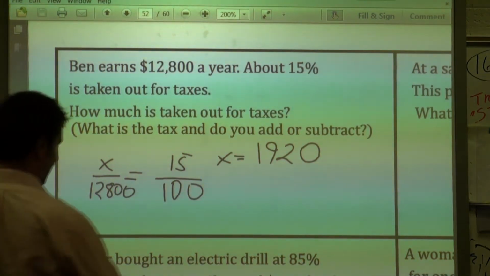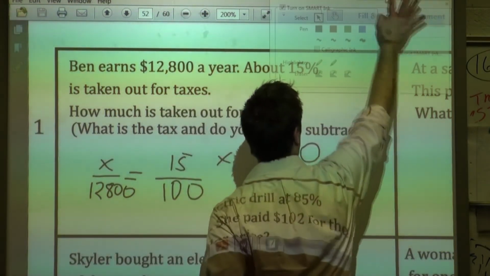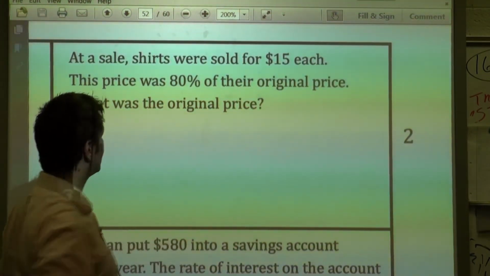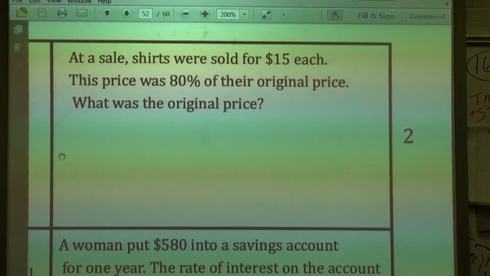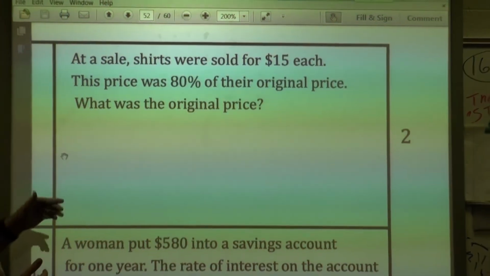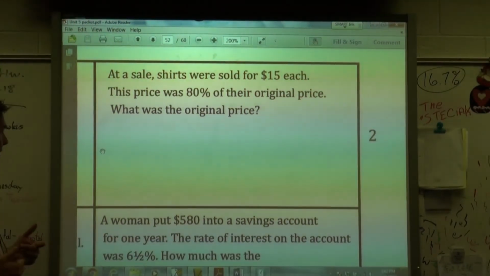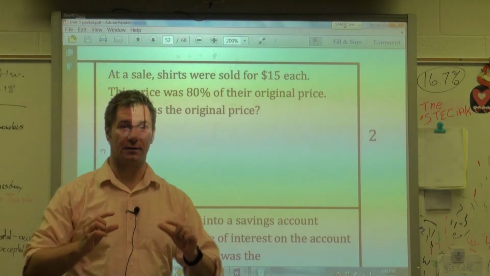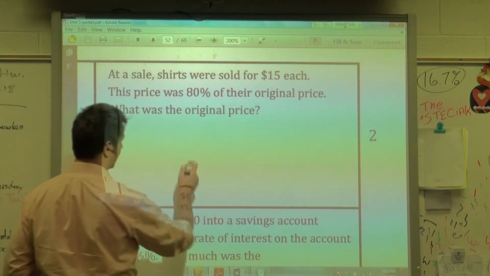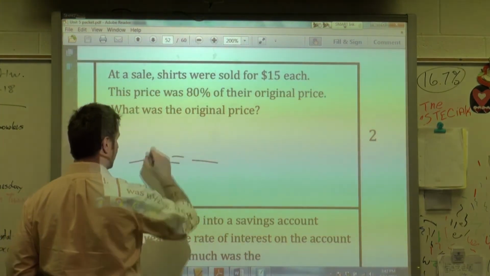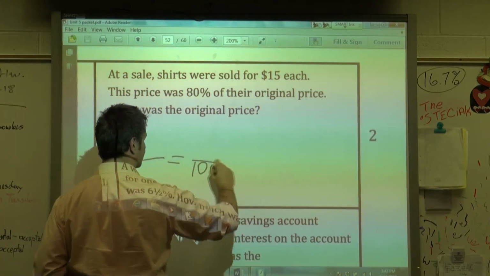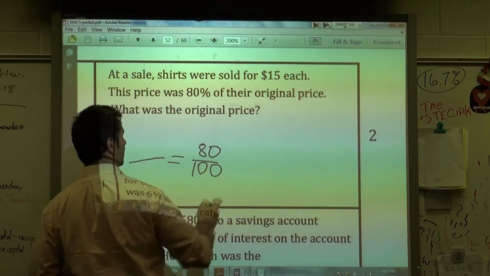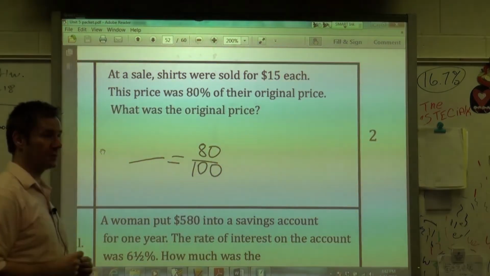Ladies and gentlemen, let's go to problem number 2 on that page. At a sale, shirts were sold for $15 each. This price was 80% of their original price. What was the original price? Right here, we're looking for the original price. So once again, using the same formula, is over of equals percent over 100. 80 goes on top of 100 because that's where our percent goes.